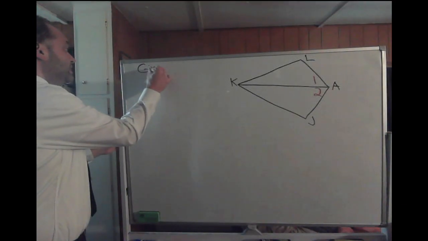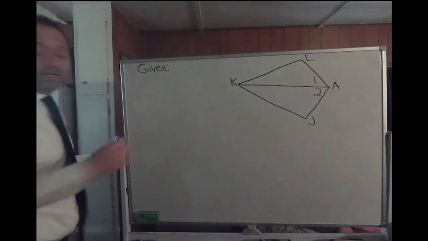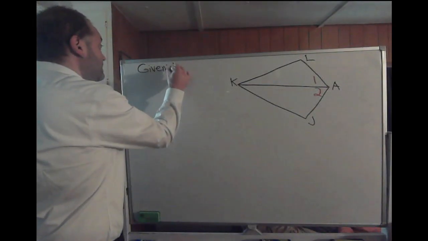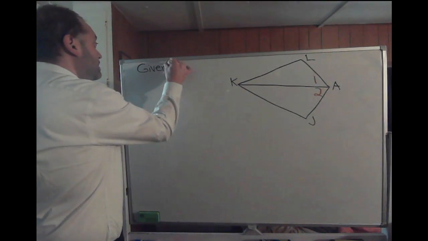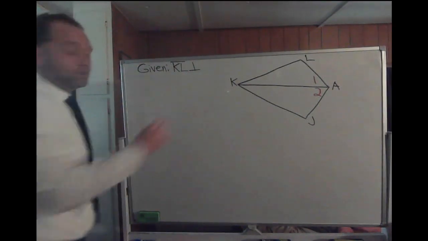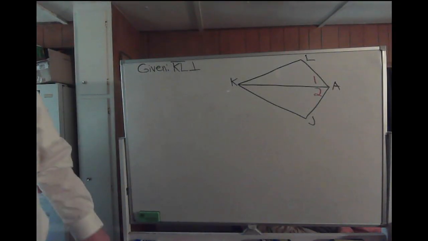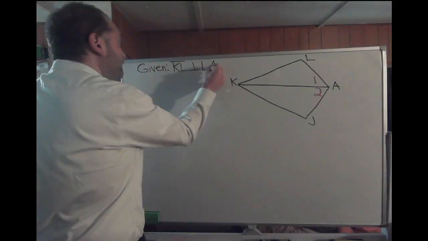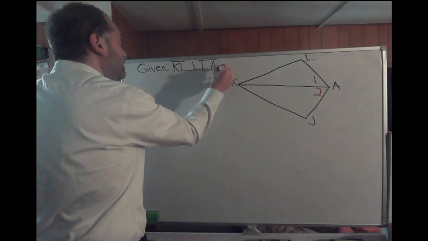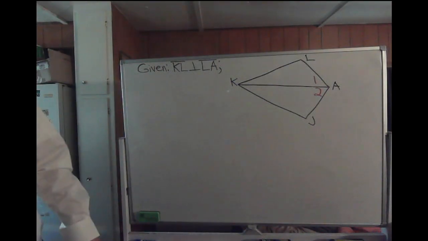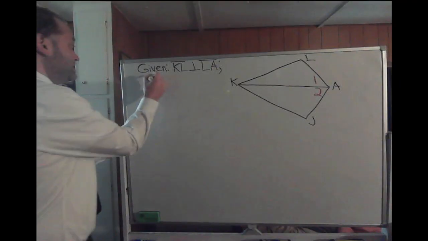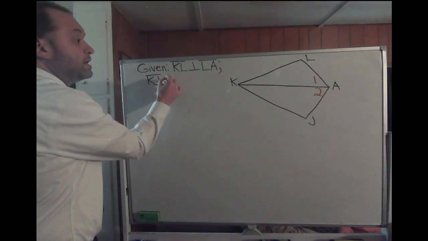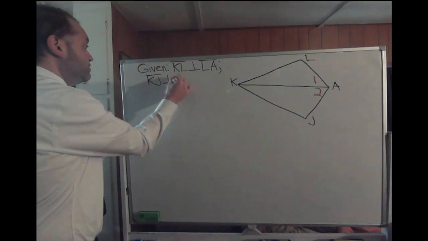So what we've been given is that KL is perpendicular to LA. What else have we been given? We've also been given that KJ is perpendicular to JA.